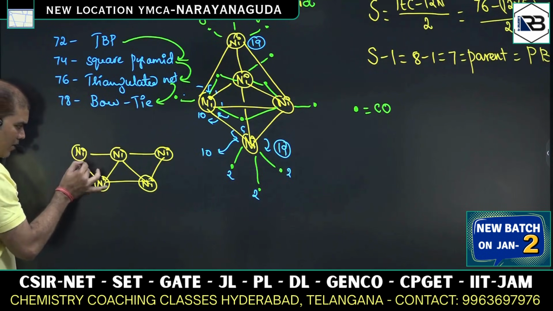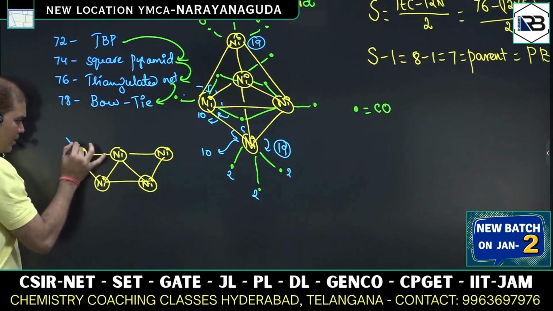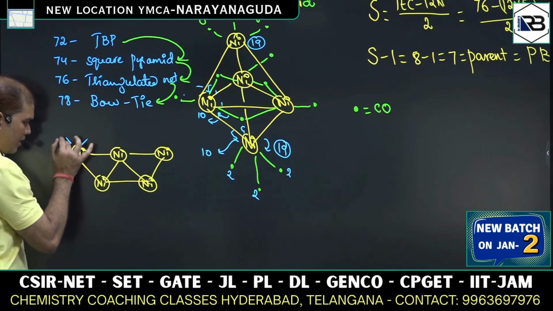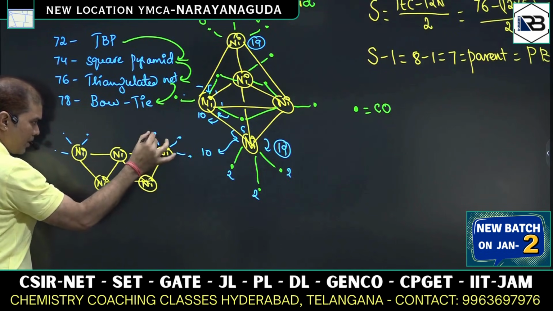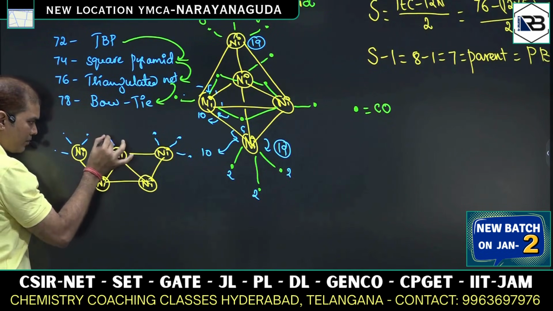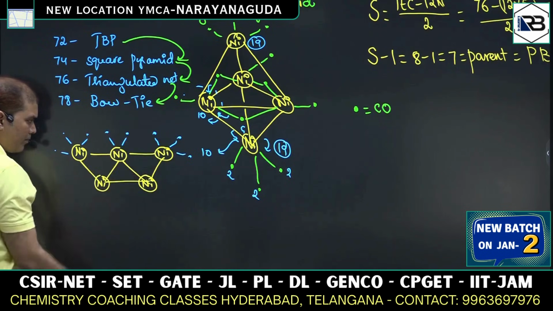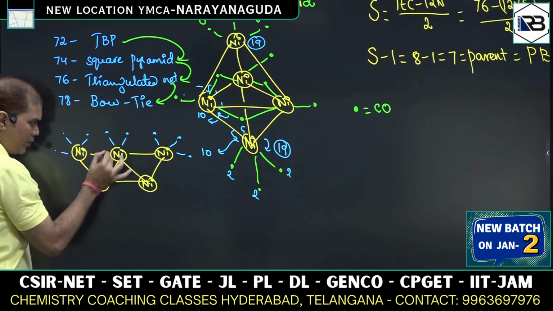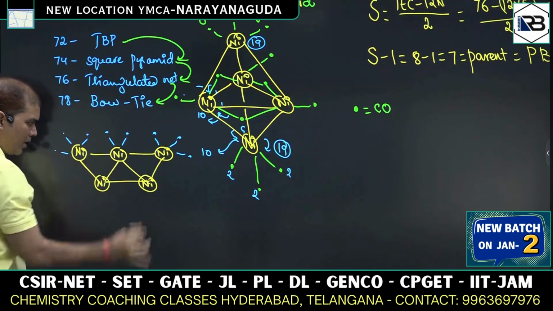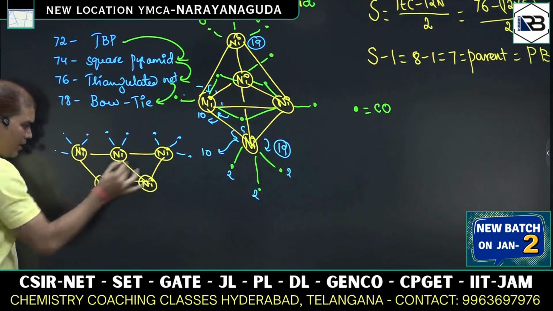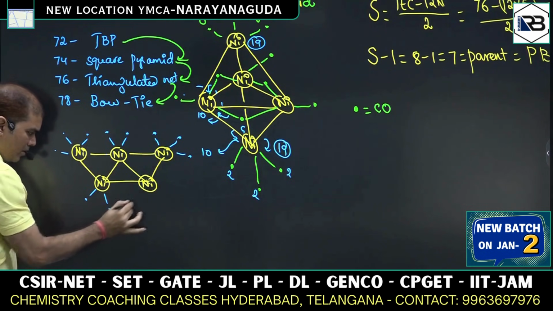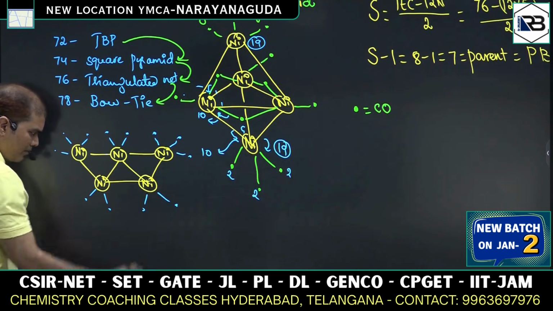Nickel is 10, 11, 12, so let me put 13, 14, 15, 16 and 17, 18. This accounts for 6 electrons. Nickel is 10, 11, 12, 13, 14, 15, 16, 17, 18. All the 3 nickels are in 18 valence electron count. 1, 2, 3, 4, 5, 6, 7, 8, 9, 10, 11 and 12.